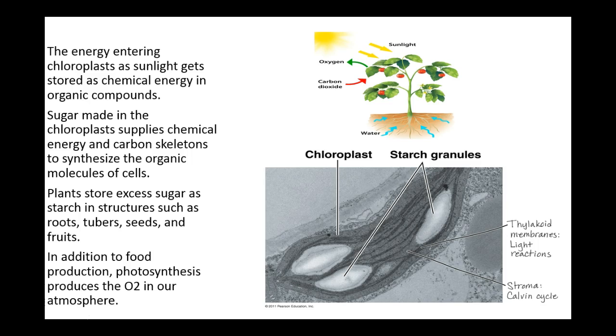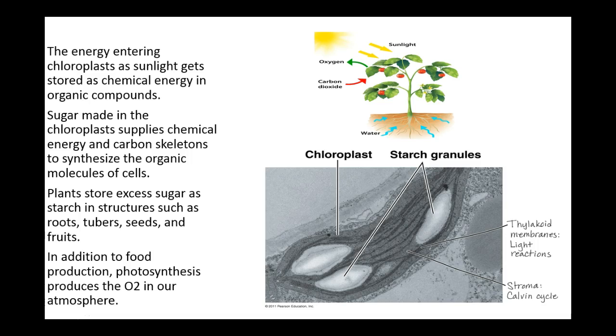Then the last thing we need to talk about is the whole process, and why is it important. So the important reasons why we're learning about photosynthesis and why it's important to study.